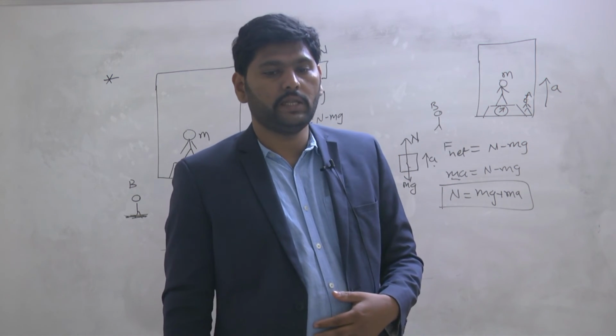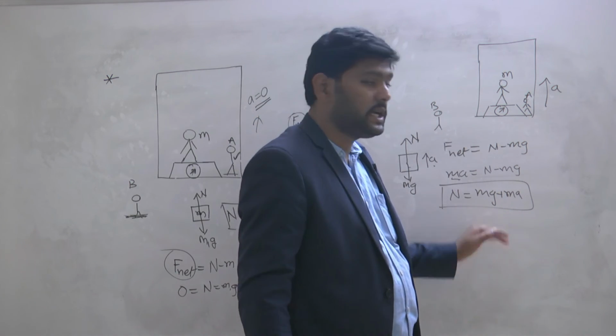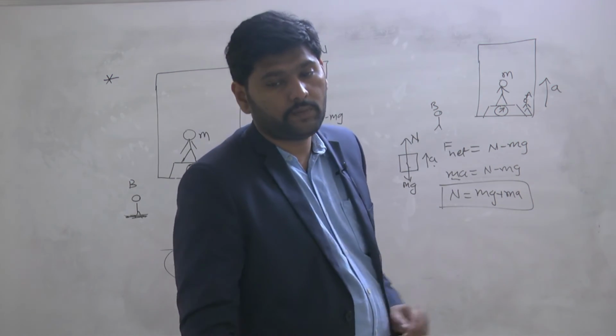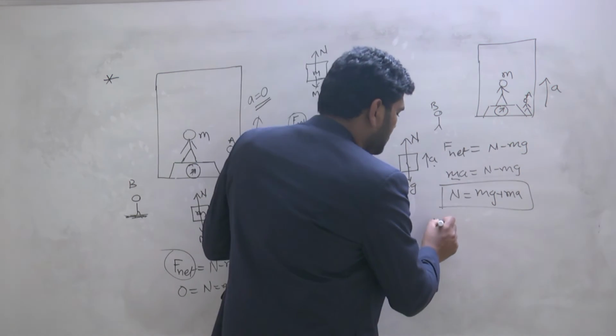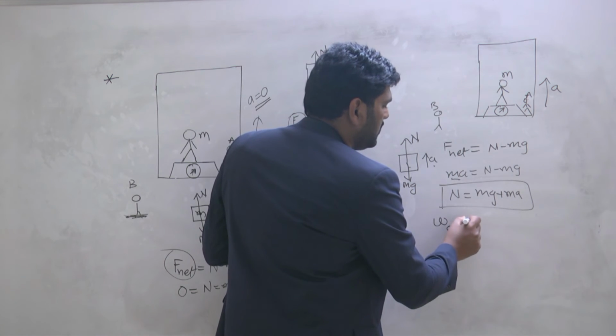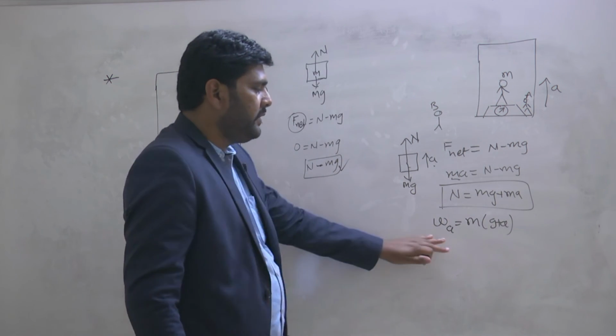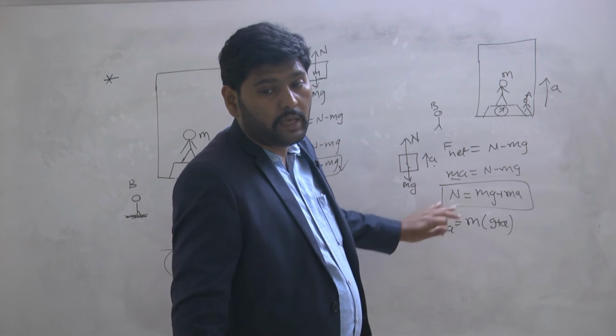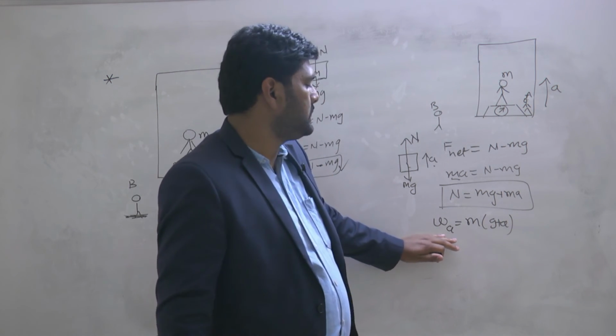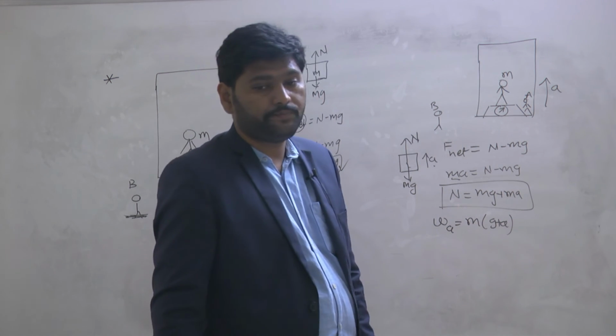Understand? This weight is called apparent weight in the lift. So apparent weight WA is equal to m of g plus a. This normal reaction gives the apparent weight.